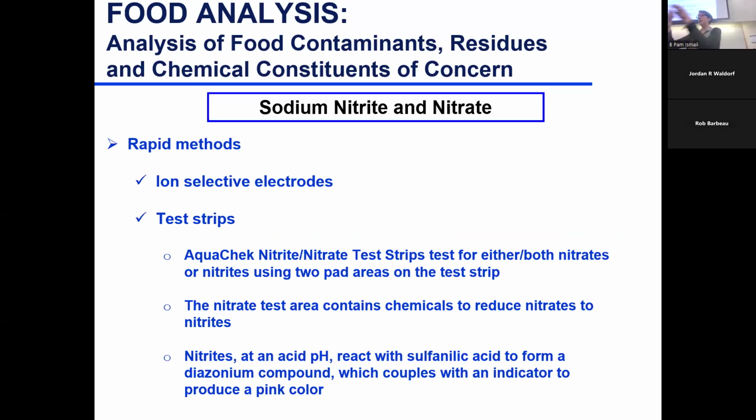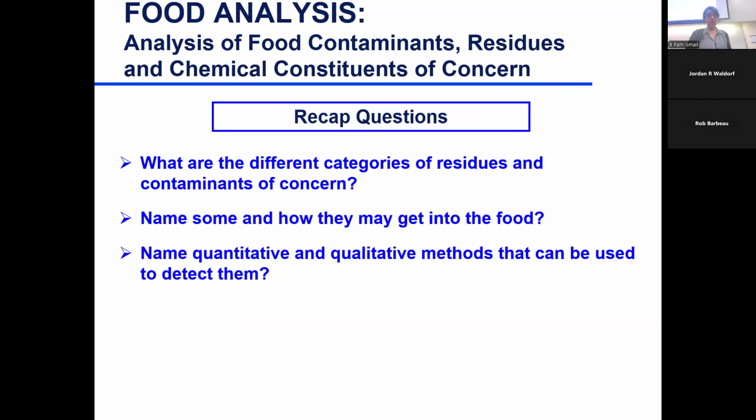So like we have a pH meter, but the electrode will be specific. Instead of the H groups in acids, it will be specific to the ions of interest. There are test strips that can be used as well. So don't worry about the details there.